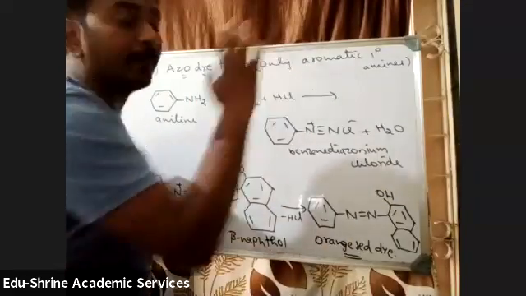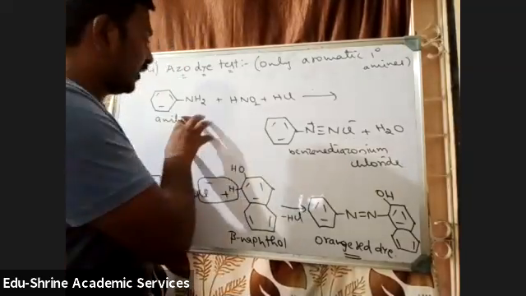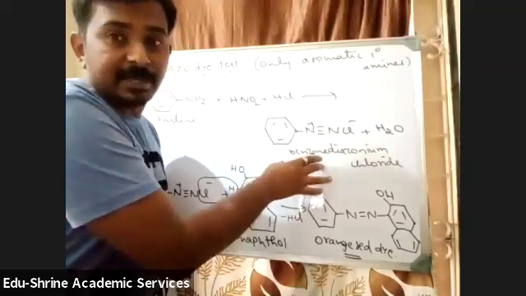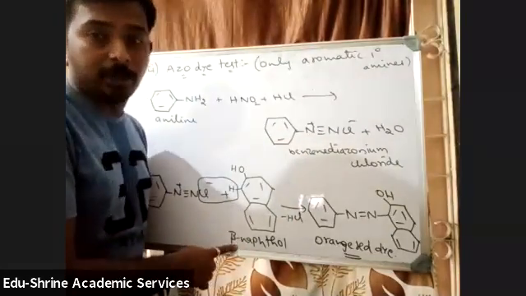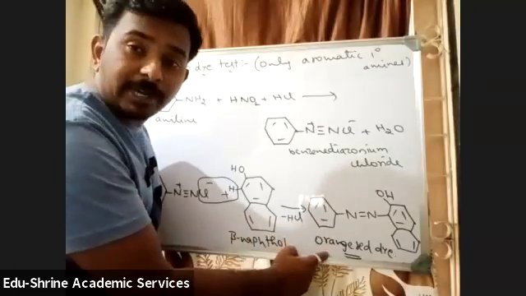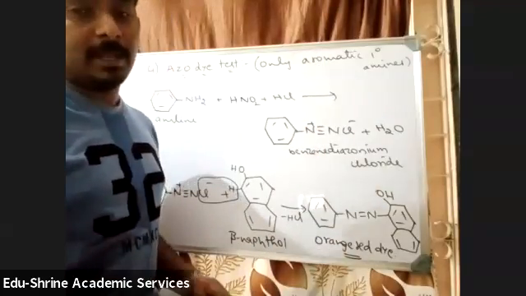It will be given only by aromatic primary amines. What is the azo dye test? First, taking an aromatic primary amine, doing diazotization, we get benzene diazonium chloride. Benzene diazonium chloride is made to react with beta naphthol. If you get an orange red colored dye, it confirms there is an aromatic primary amine.